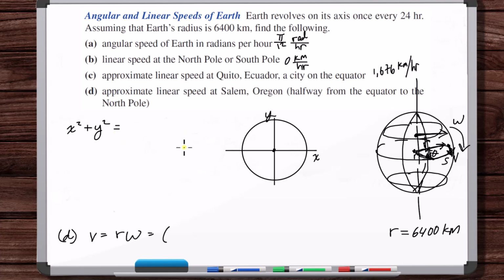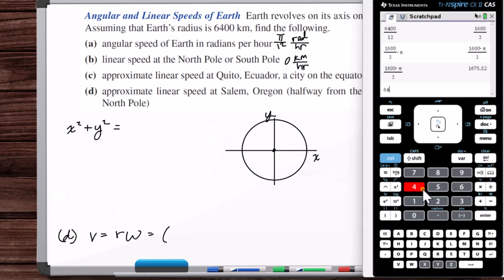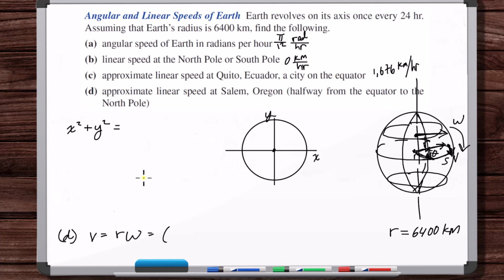So what is 6,400 squared? It's 4,096 and then 4 zeros. Okay, so that's the equation for any longitude circle you can think about.